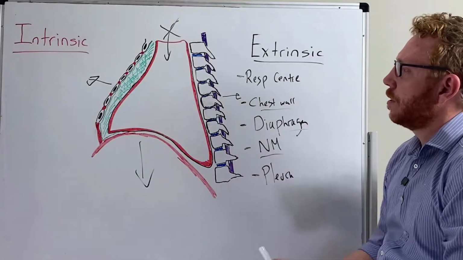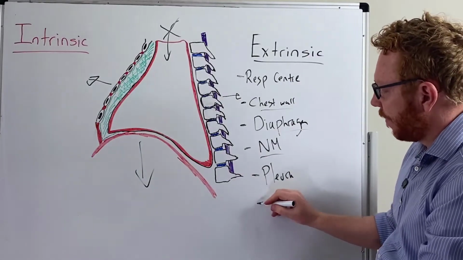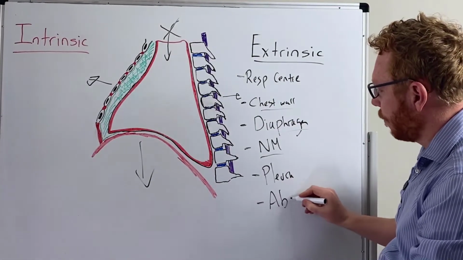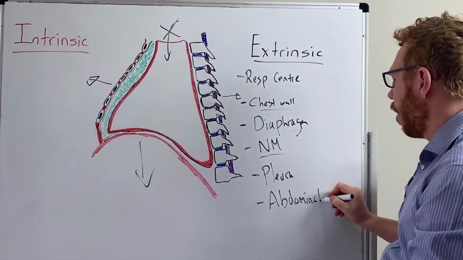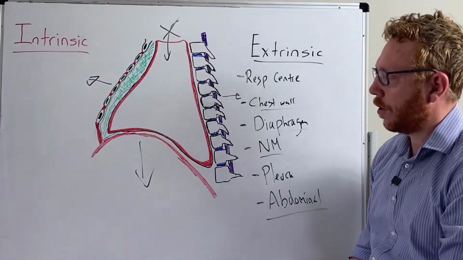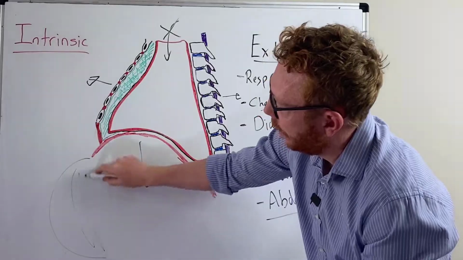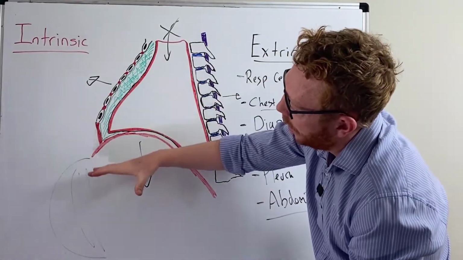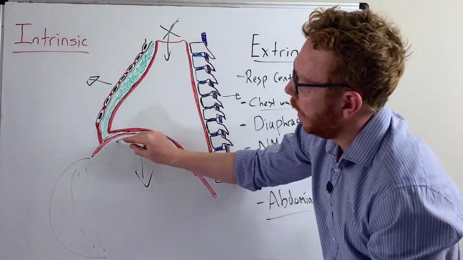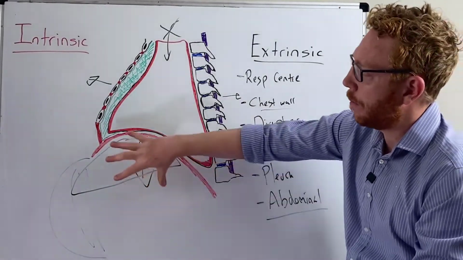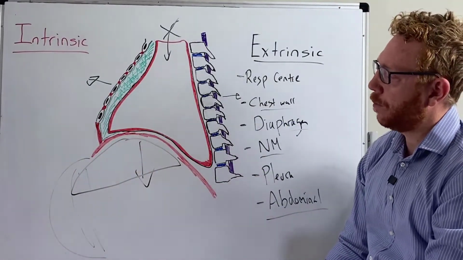That's another extrinsic cause. Lastly, the final cause within the extrinsics is something wrong with the abdomen. So abdominal issues. Down here, if you had too much weight, so obesity, that would cause a problem with the lung being able to go down. If you had a really big liver, so hepatomegaly, a large liver, that's also going to have a problem with it going down.